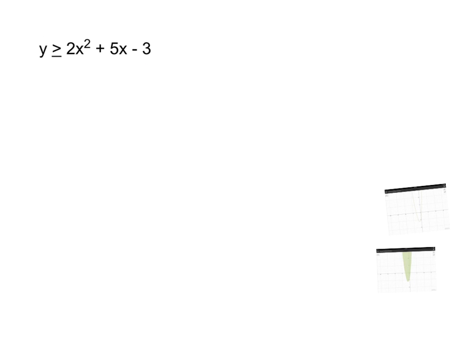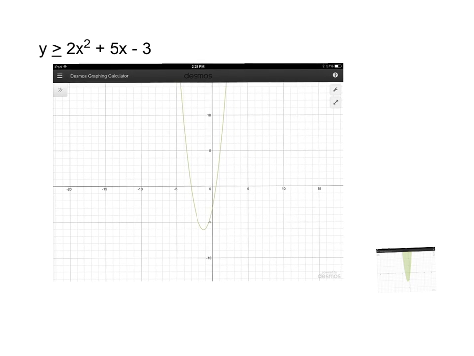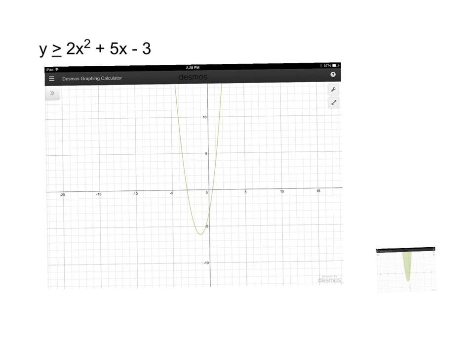Here's one more. What's different about this one? It's quadratic. So what kind of boundary line are you going to get? A parabola. It's going to be either inside or outside. You do this exactly the same way.